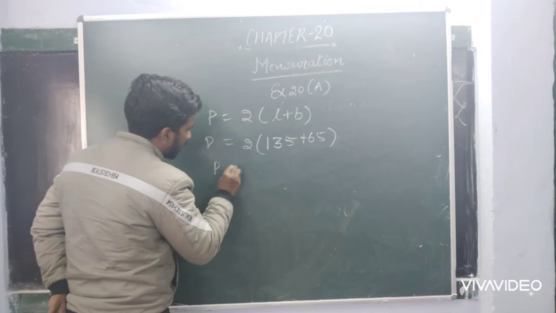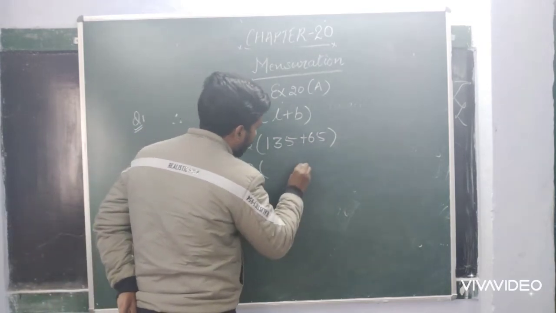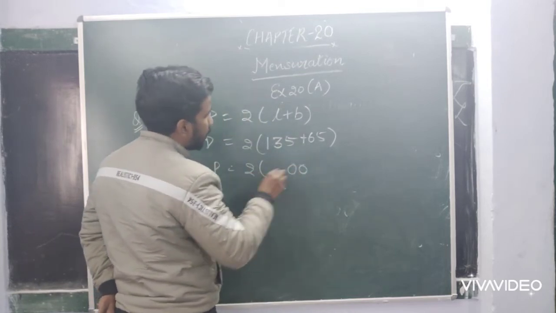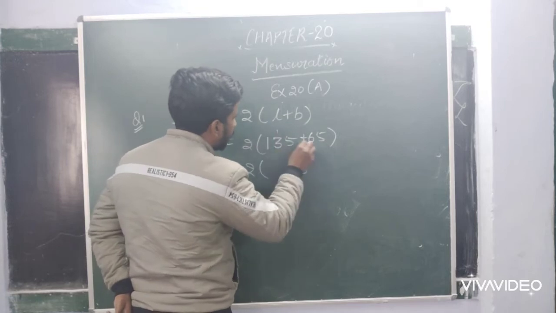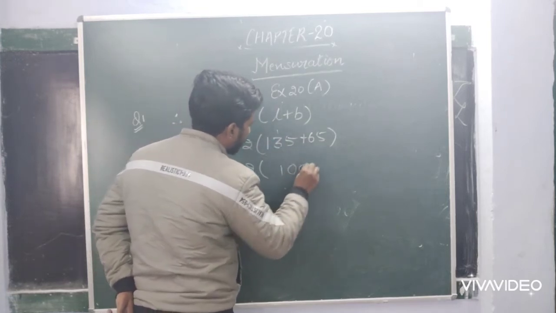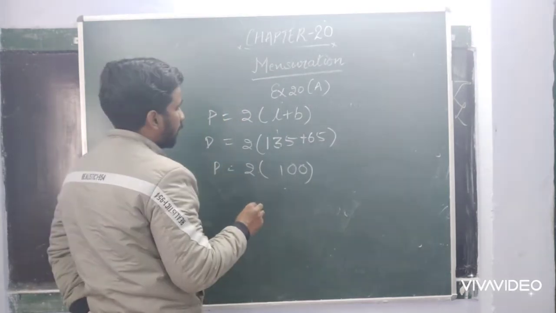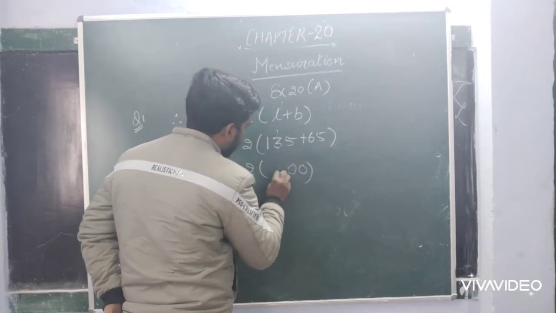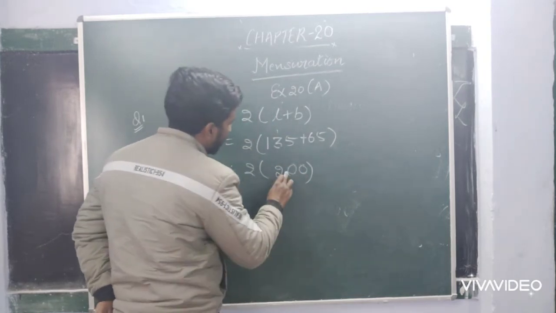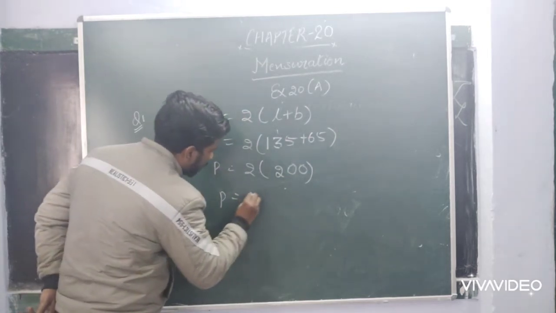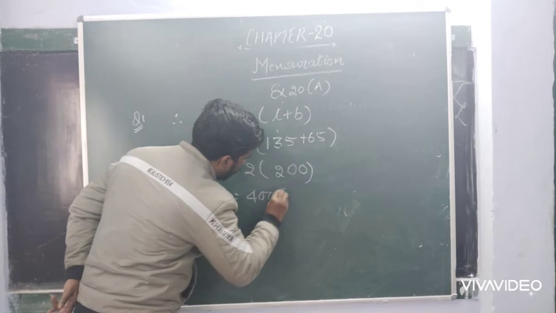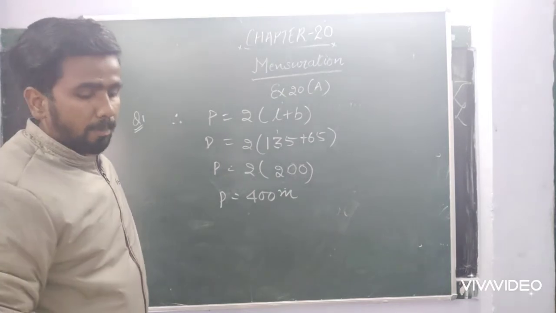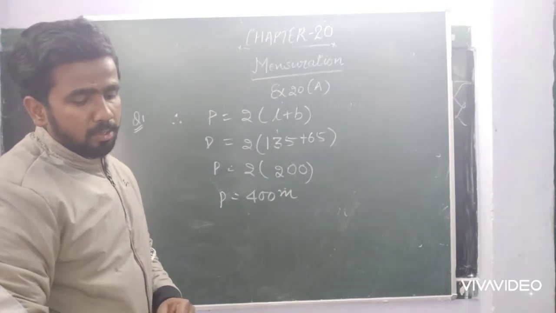What will you get? 5 plus 5 is 10, then 6 plus 3 is 9, plus 1 carried is 10. So this will be 200. Now I'll just multiply it. 200 multiplied by 2 will be equal to 400 meters. So we have got the perimeter of the rectangular plot, that is 400 meters.